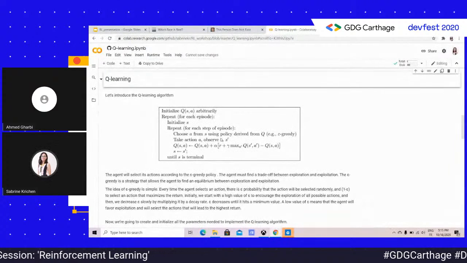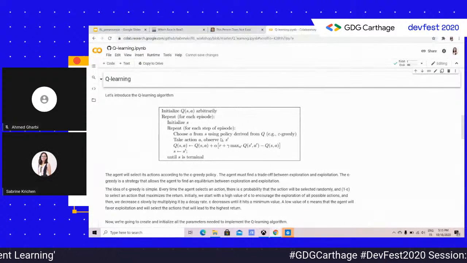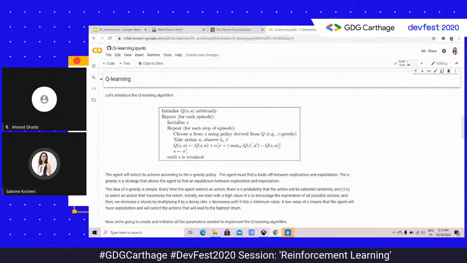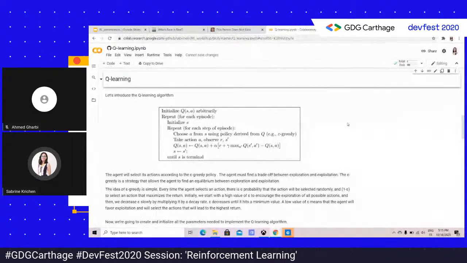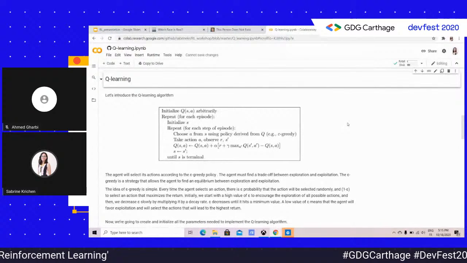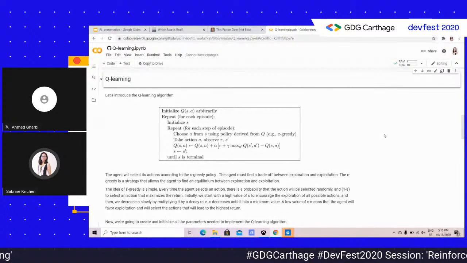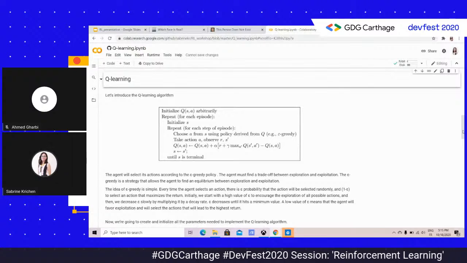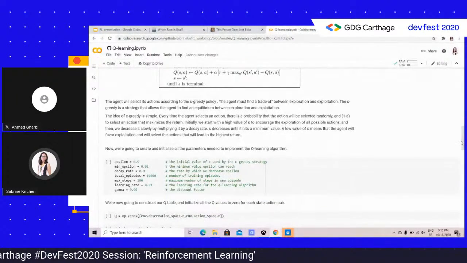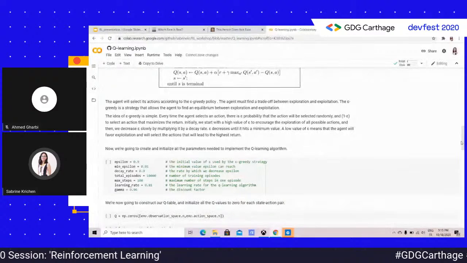Yes. So thanks, Ahmed, for presenting the different characteristics of our environment. So now we're going to implement our Q-learning algorithm. First, we're going to start by importing the different hyperparameters.